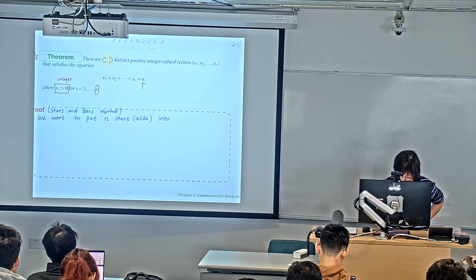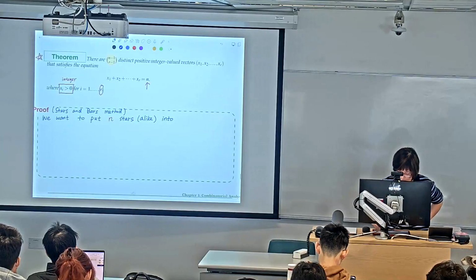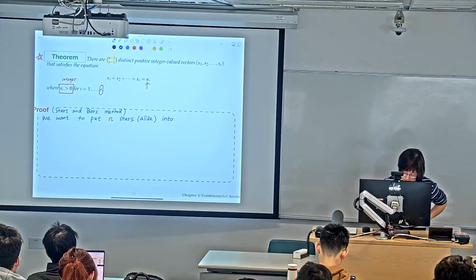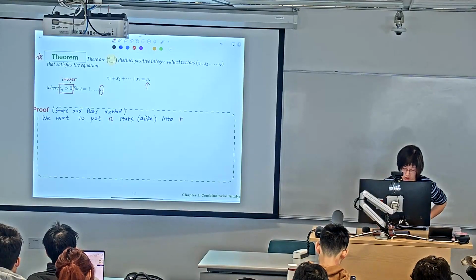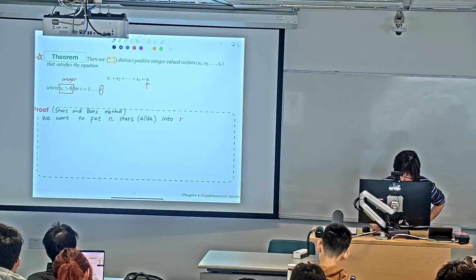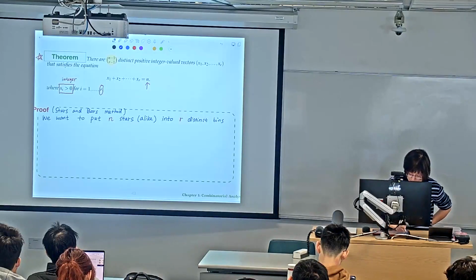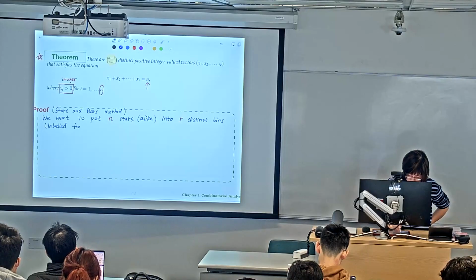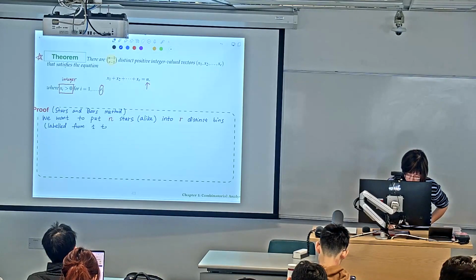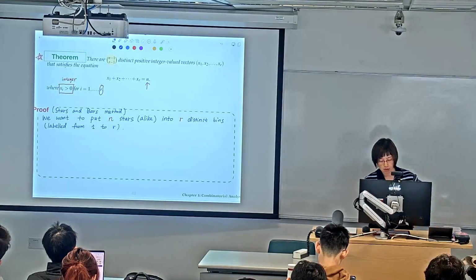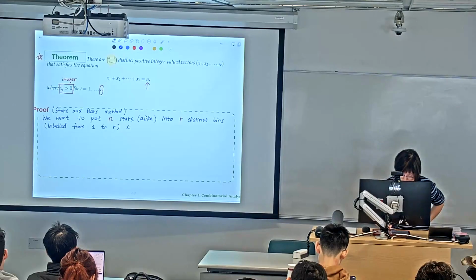We put n indistinguishable stars into r distinct bins. You can think of the bins as labels from 1 to r, such that no bin is empty.